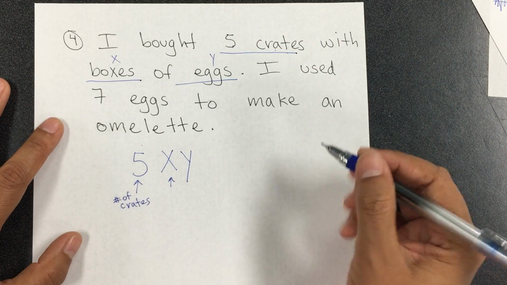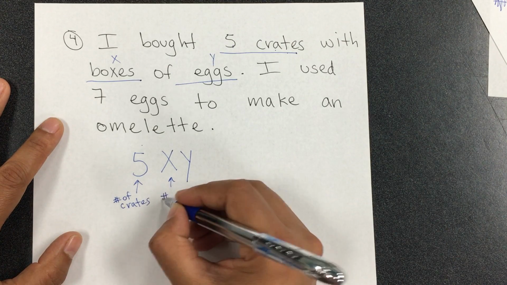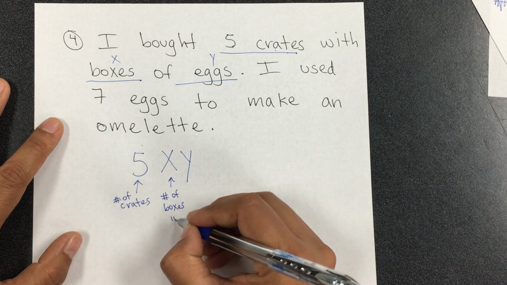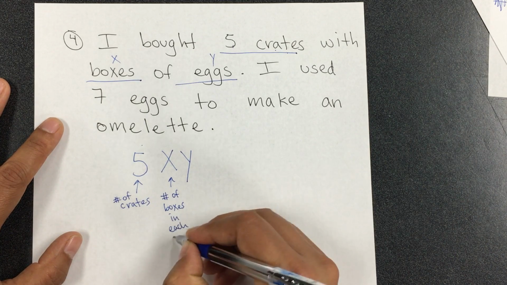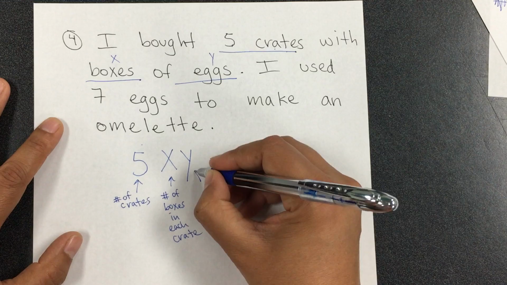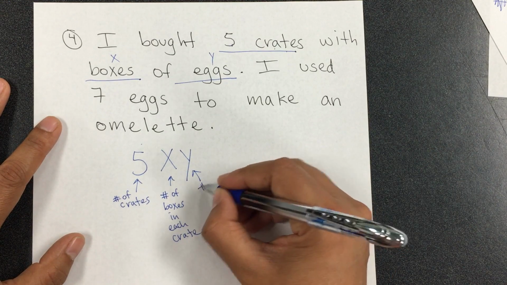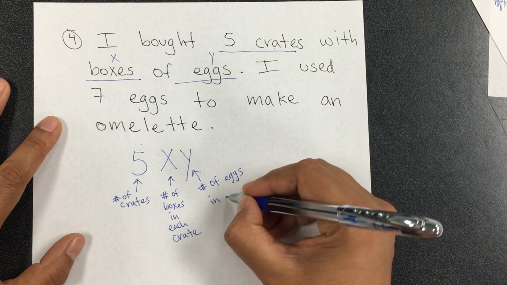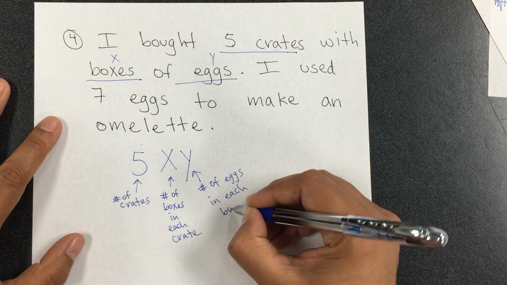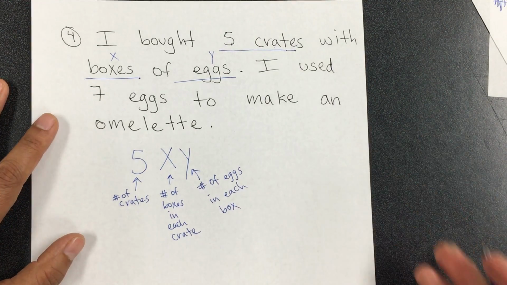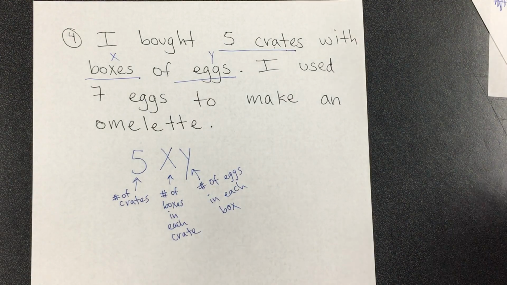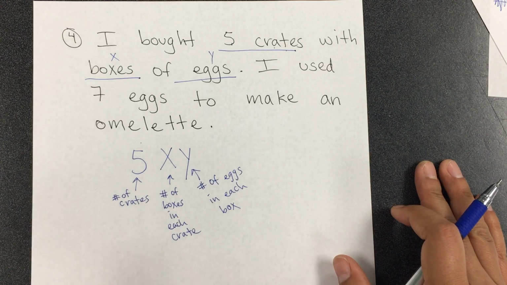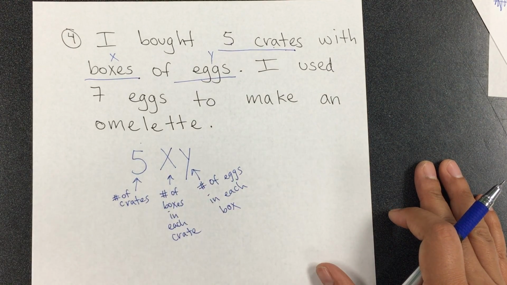The X represents the number of boxes in each crate. And the Y represents the number of eggs in each box. And remember that there are some boxes that have 12 eggs, some have 6 eggs, some have 18 eggs, and so on. So that's why.